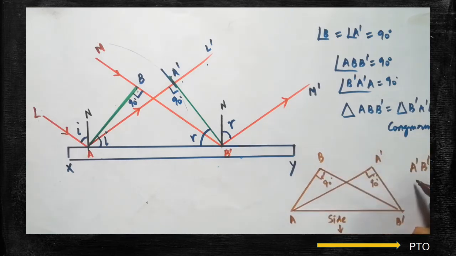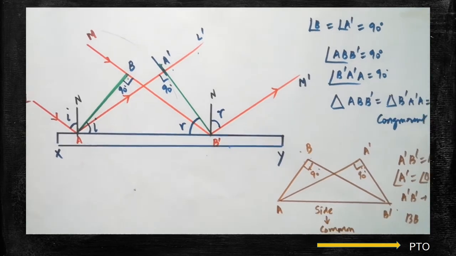First property can be said. Second thing is, angle A dash and angle B both are equal to how much? 90 degree. And then A dash, B dash is the common side for both the two triangles. Are you clear? I'll write one by one.